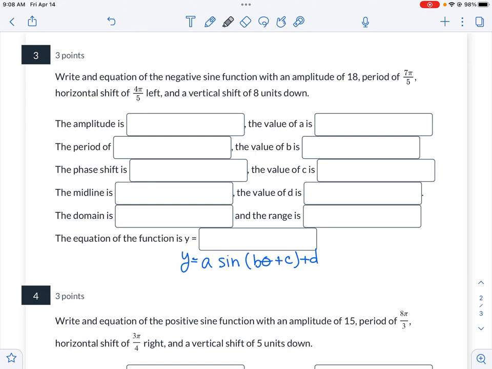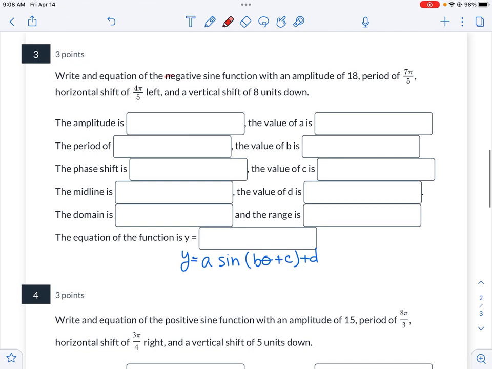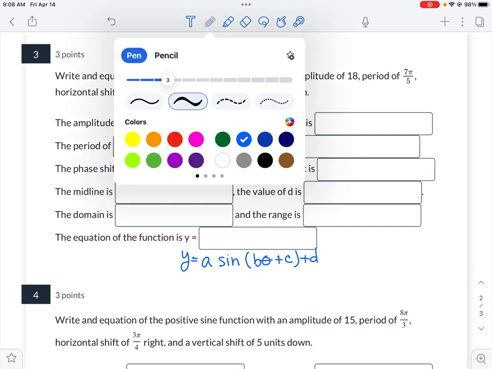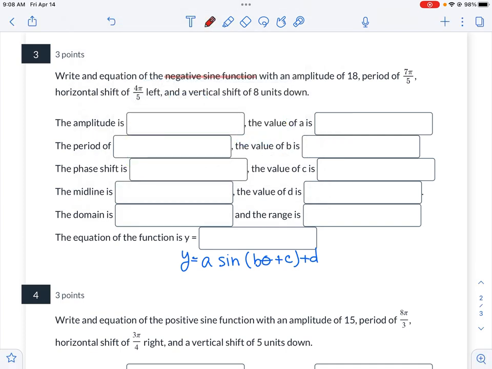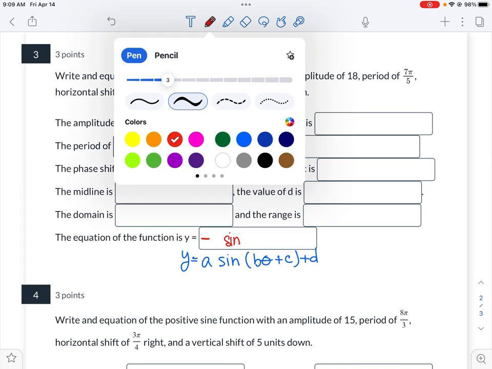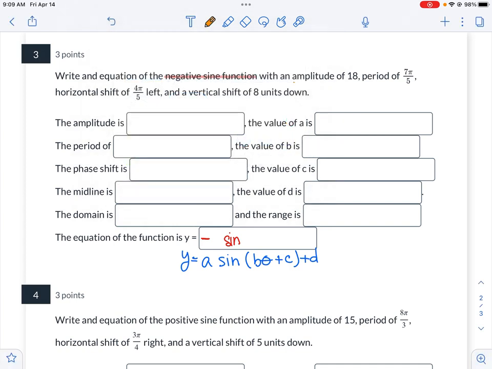So the first thing we are going to notice is it tells us that we have a negative sine function. So as soon as I have a negative sine function, I know I am going to have a negative number and I'm going to have the word sine. Okay, then it tells me that I have an amplitude of 18.